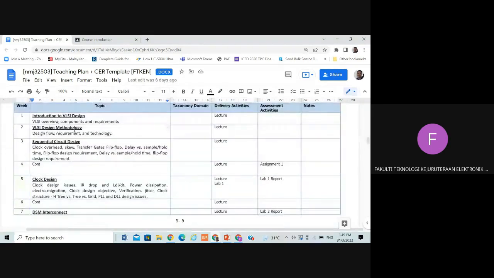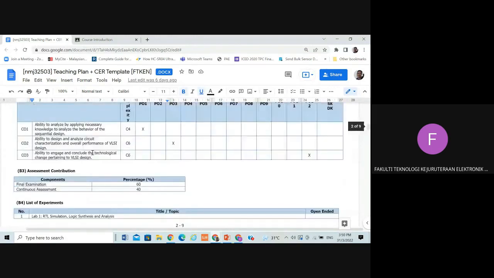So actually, introduction to IC design, VLSI design, and then we will look into the VLSI design methodology: how the chip is designed, and sequential circuit design. As I mentioned to you, this is CO number 1, sequential circuit design.